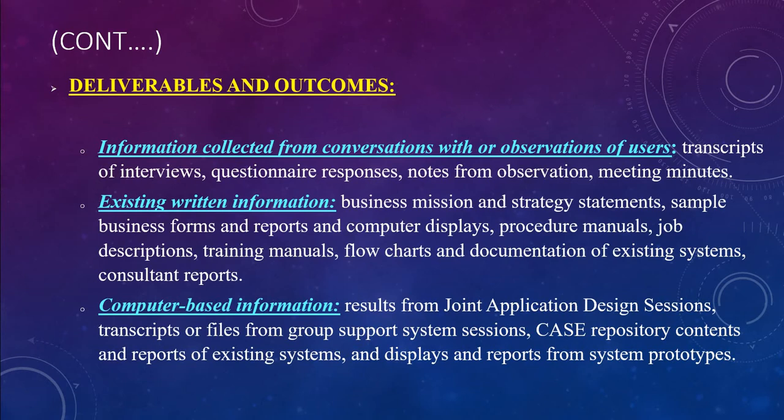Next, we have the computer-based information, which results from joint application design sessions. I will discuss JAD sessions later on. Then transcripts of files from group support system sessions, case repository contents, and reports of existing systems and displays and reports from system prototypes.